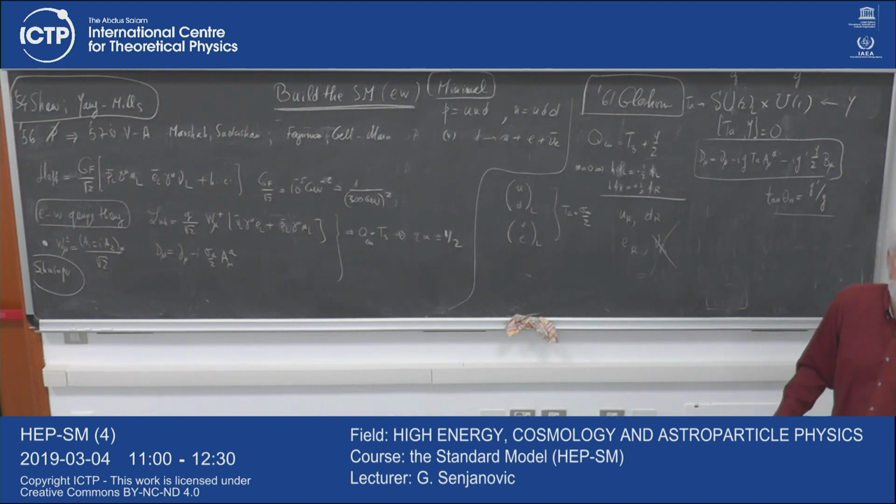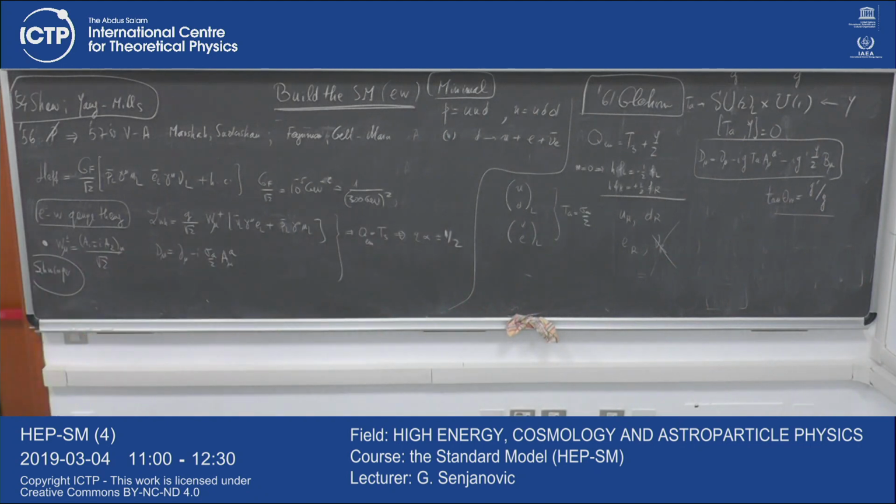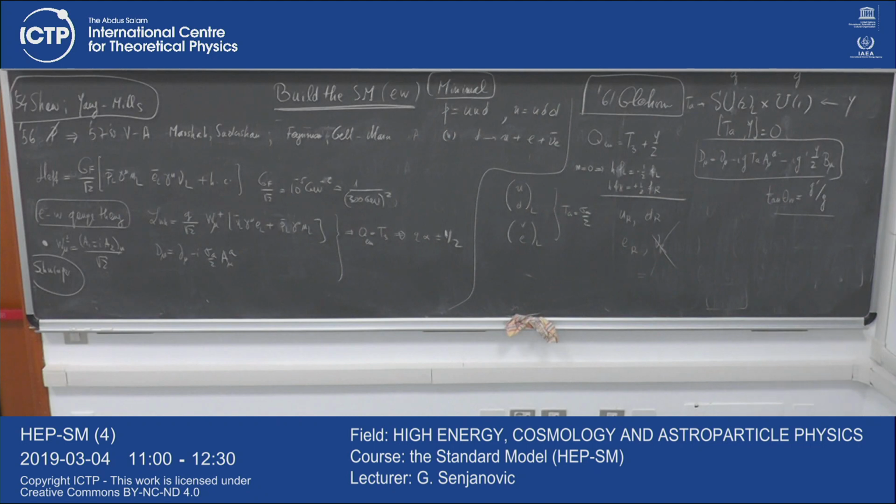And nobody ever saw a right-handed neutrino, so we are going to say minimal means I just include the particles that exist and include the interactions that exist and try to describe it. Okay. That's the principle of minimality. That's what Einstein does when he develops the theory of gravity. It's the minimal theory.